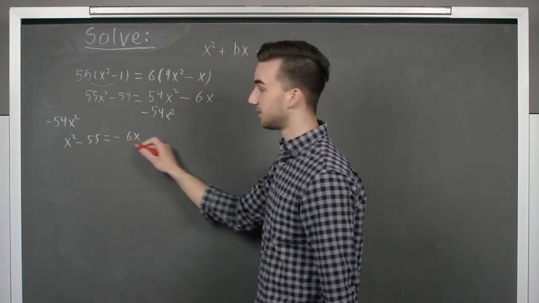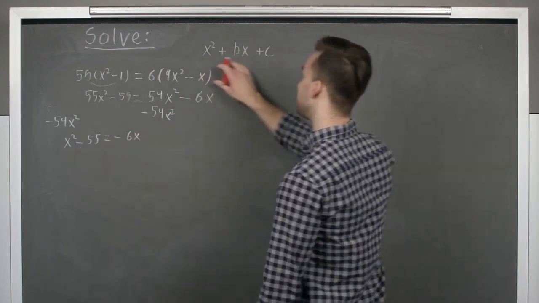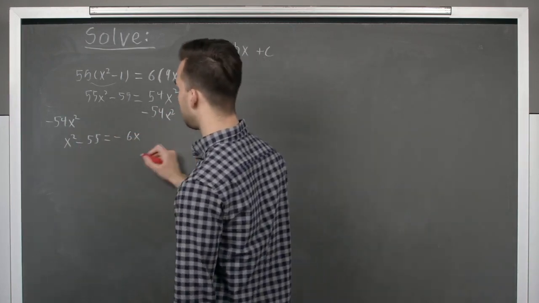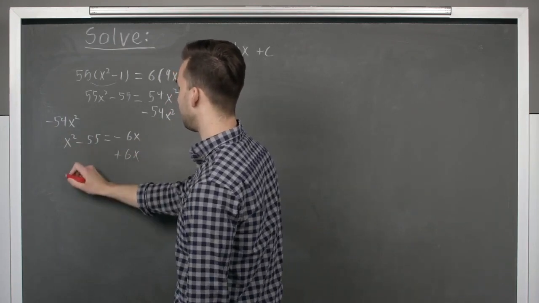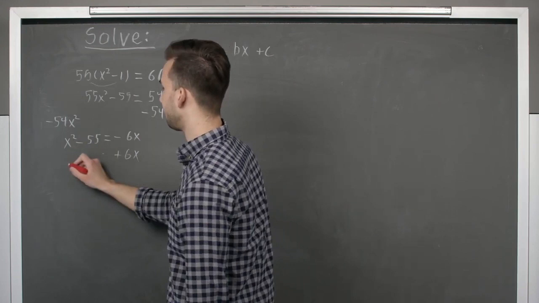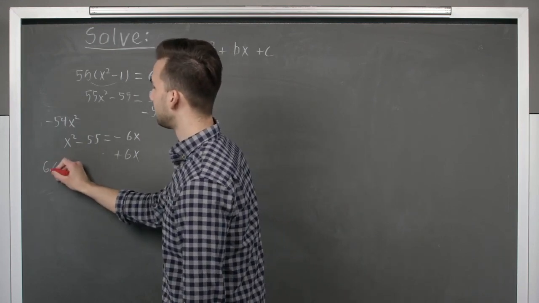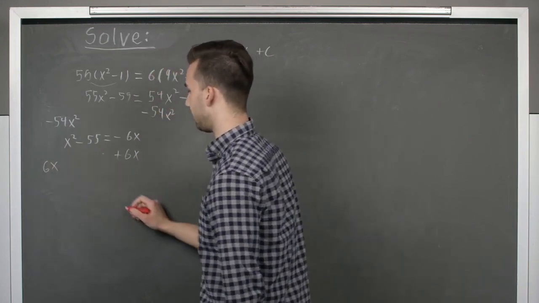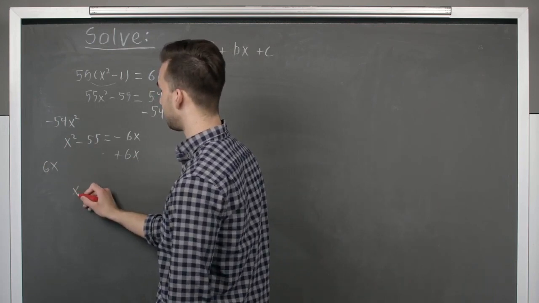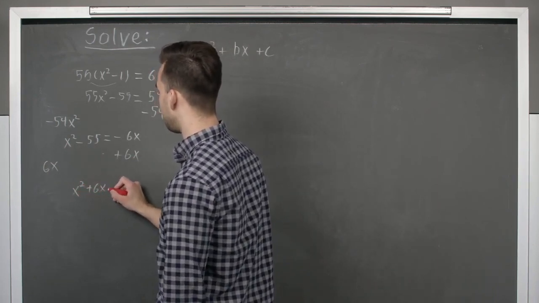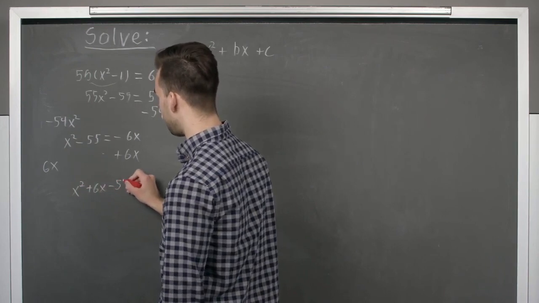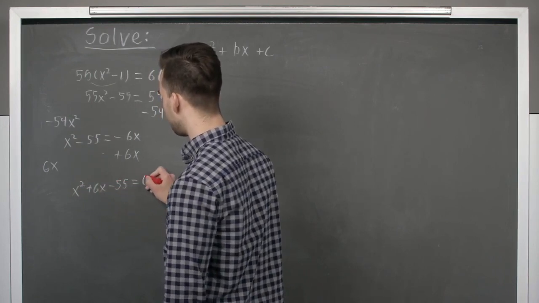So let's bring this 6x over here and write it in the form x squared plus bx plus c. If we do 6x on this side, we can write it as x squared plus 6x minus 55 equals 0.